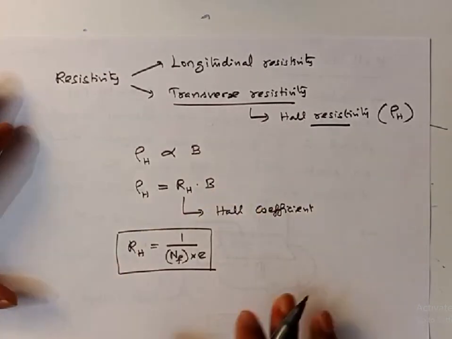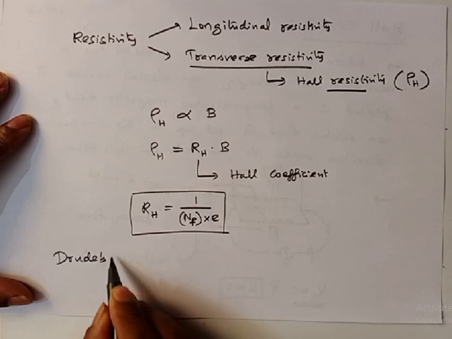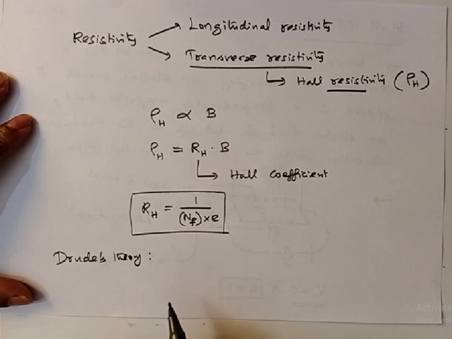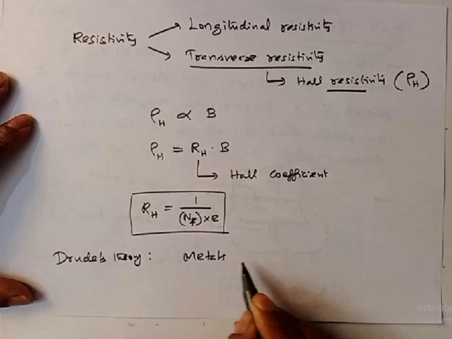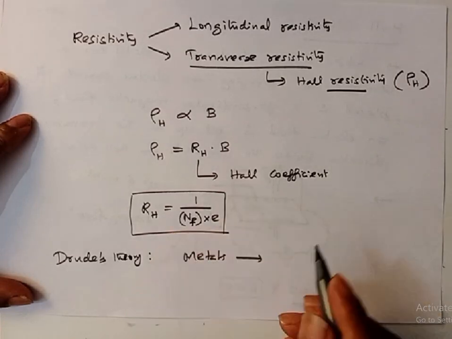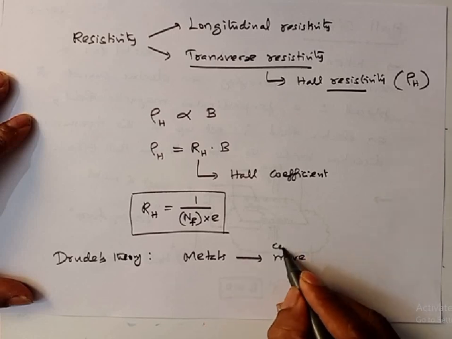Students, observe carefully. According to Drude's theory, this is very important, metals conduct current due to the movement of free electrons.